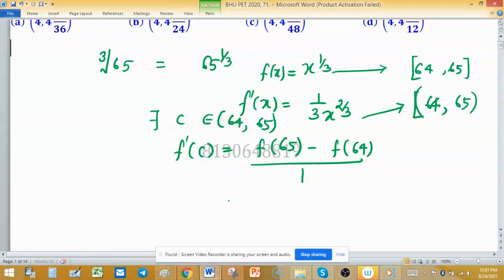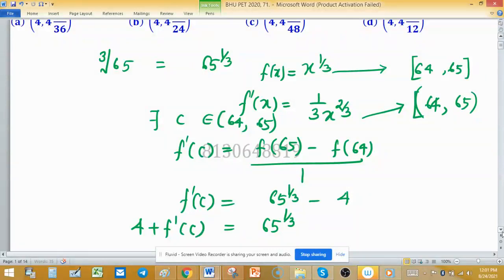So f of 65 is nothing but 65 raised to the power 1 upon 3, which is the value we have to estimate, and the value of 64 raised to the power 1 upon 3 is 4. So this is f dash c, and I can write 65 raised to the power 1 upon 3 is 4 plus f dash c.